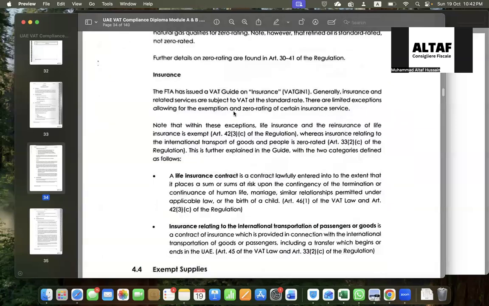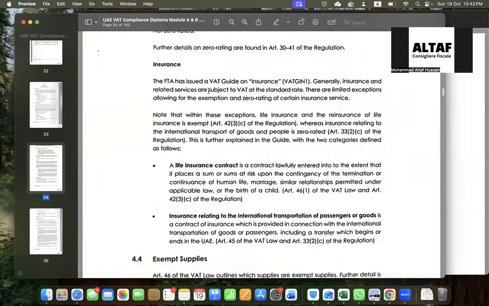What about insurance? The FTA has issued a VAT guide on insurance, which is called VAT GIN1. Generally, insurance and related services are subject to VAT at the standard rate. There are limited exceptions allowing for the exemption and zero rating of certain insurance services. We'll see those two particular examples.